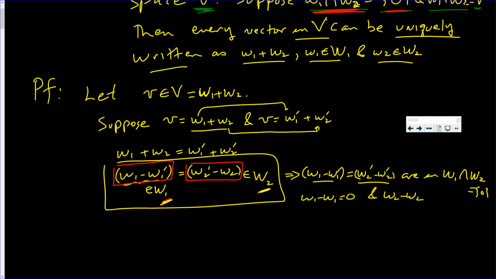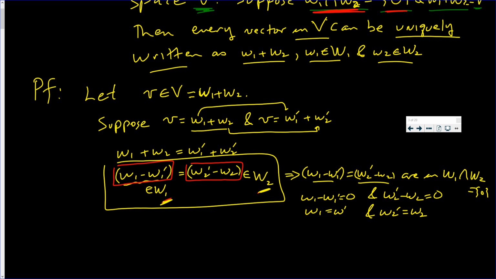W2 prime is first. And this says that w1 equals w1 prime, and this one says w2 prime equals w2.